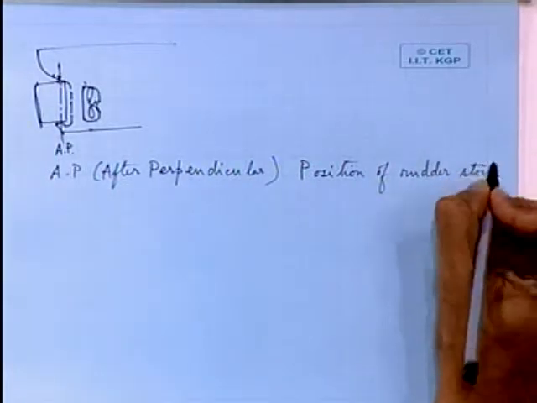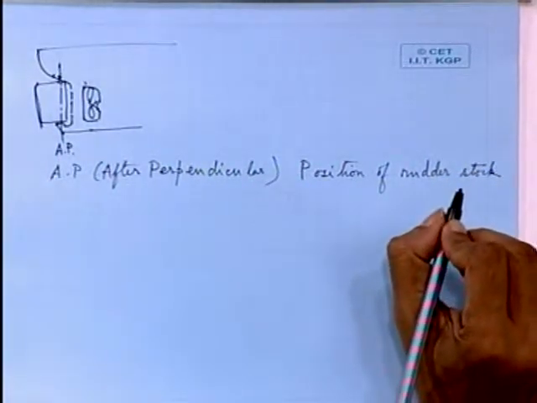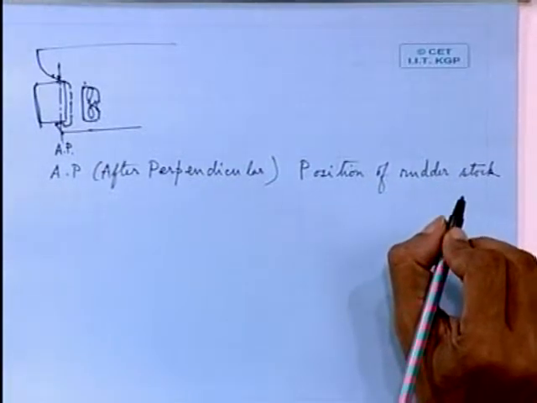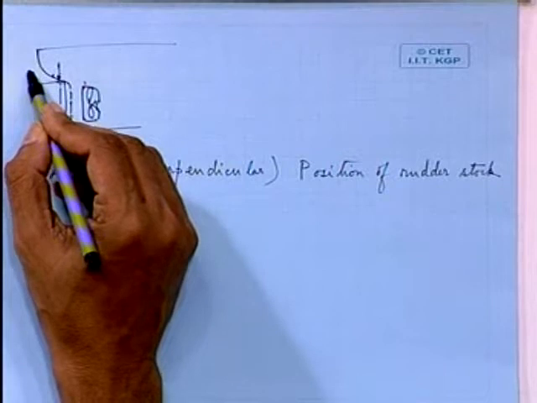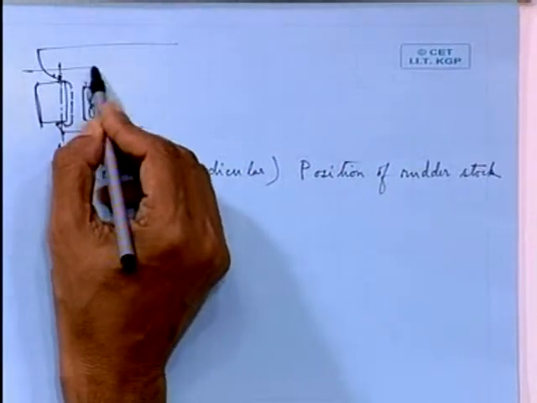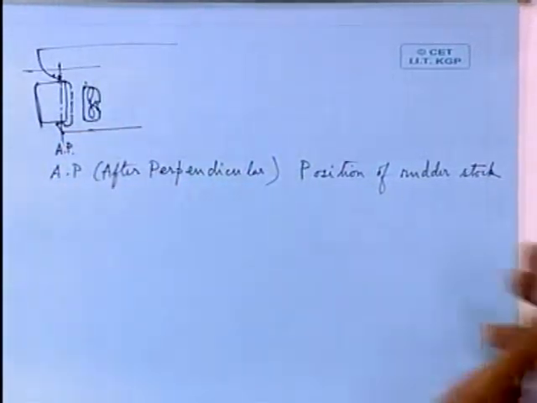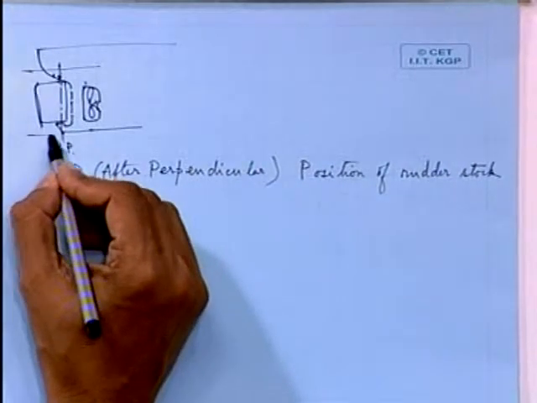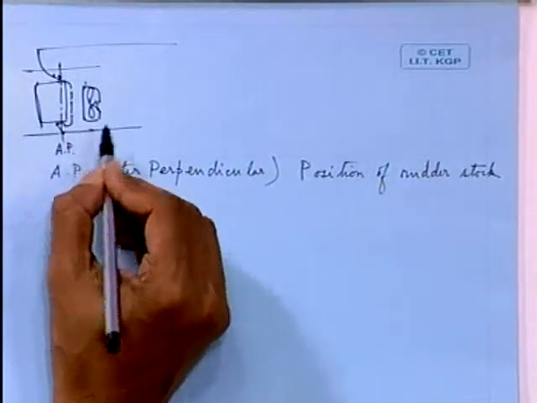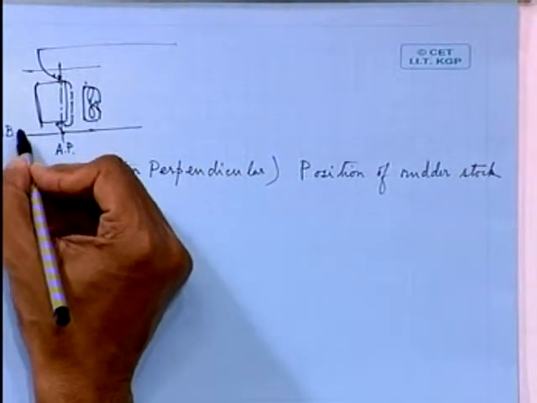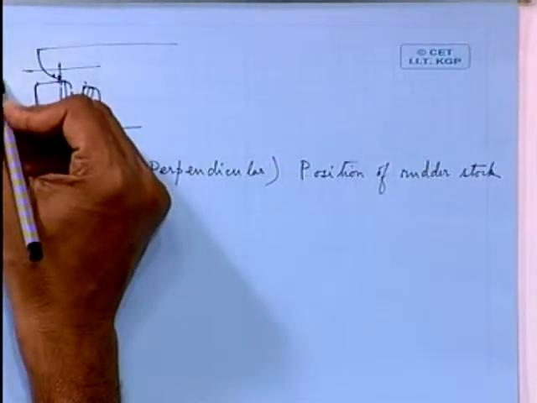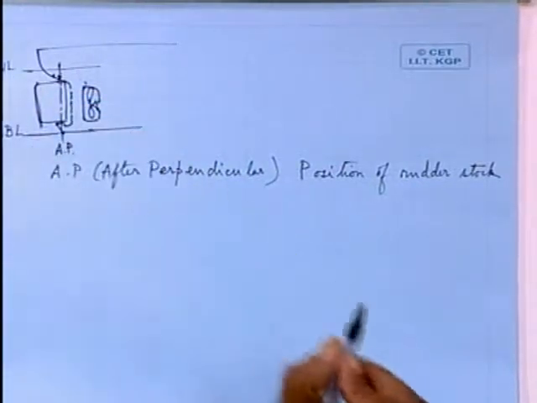Normally that is the position of the AP, where the rudder stock is the closest in the hull, and the dead water line or low water line will come somewhere here, and this is your molded baseline, and this is your low water line.